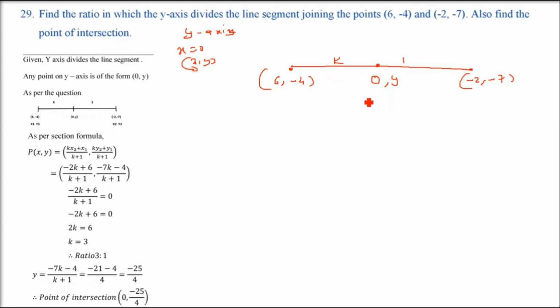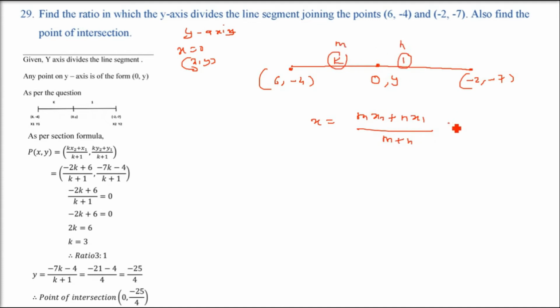Now we know what to do. If you want to find out this (0, y), let me write x right now. We know that it is 0, but I am just writing the formula first. So x will be (mx2 plus nx1) by (m plus n). So m is k, n is 1.